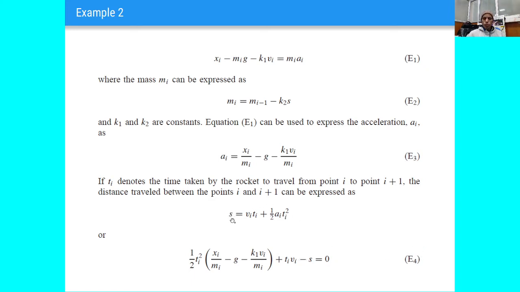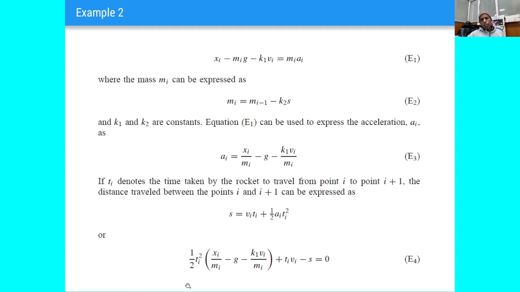We have taken all the values to one side and equated it to 0, and we have put in the value of ai. I hope this is quite clear. One upon 2, we have put the value of ai: xi upon mi minus g minus k1 vi upon mi, multiplied by ti square, plus ti vi minus s equals 0.